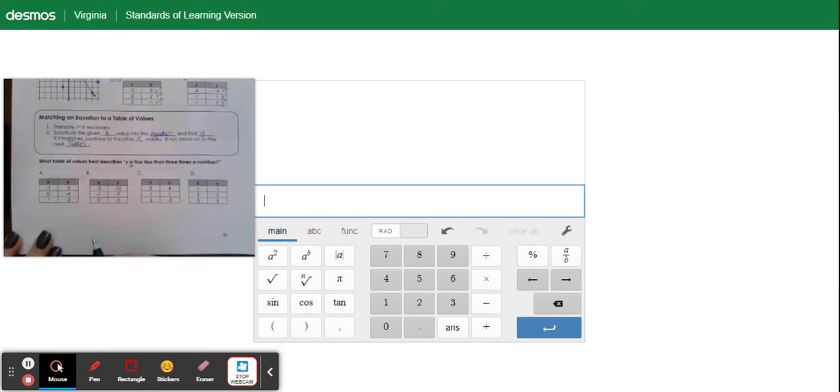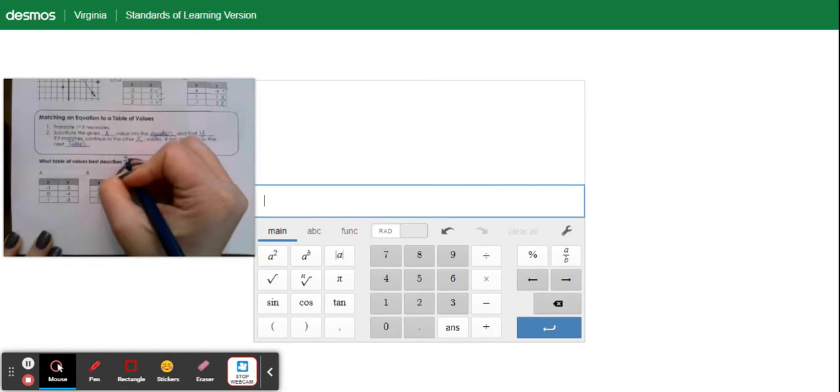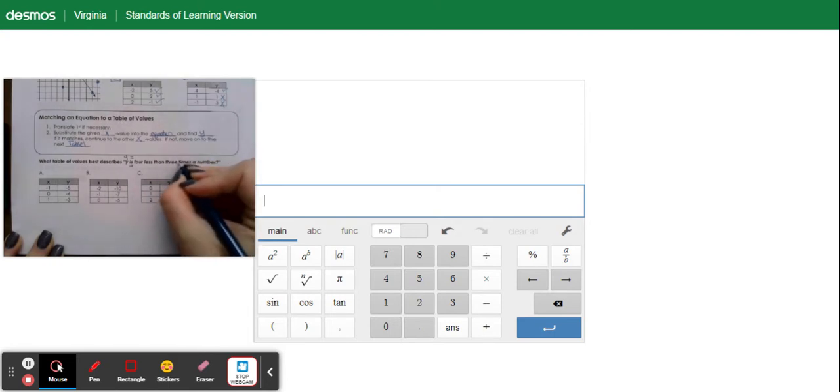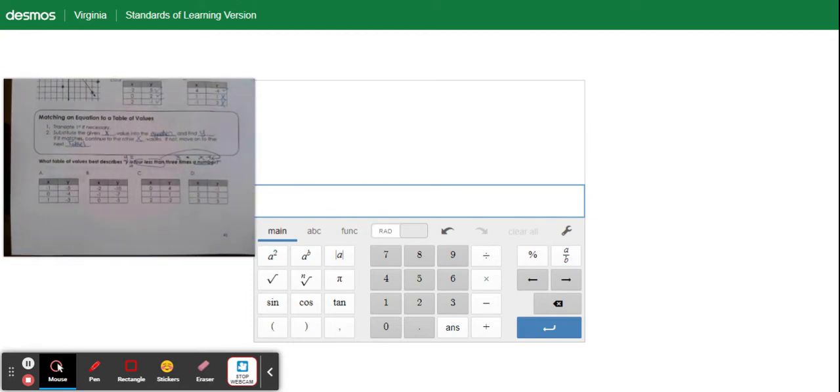"Is" is another way of saying equals. So I have y equals 4 less than 3 times a number. 3 times a number, that's my x, so it's 3 times x, and it's 4 less than that, -4. Less indicates subtraction.